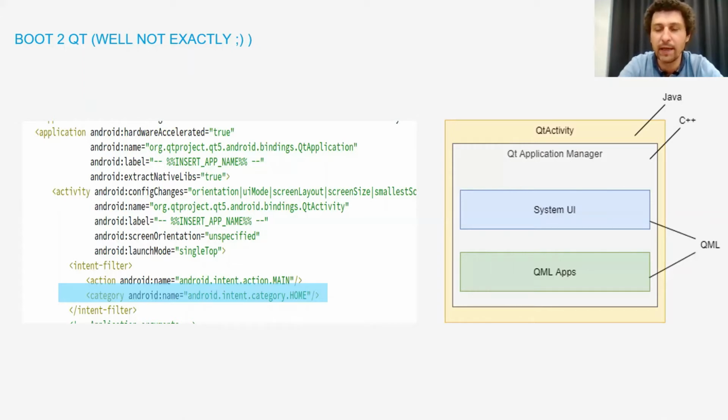And one of the benefits of using the Qt application manager is that it's supposed to divide complex systems like the IVI system into smaller logical parts, and those parts can be grouped into two groups. One is the system UI group, and the second one is the QML apps group. That's by default.